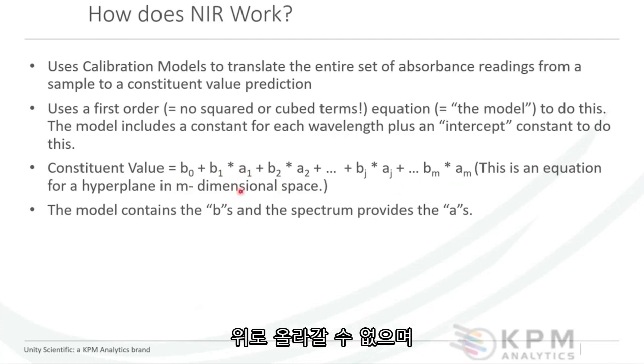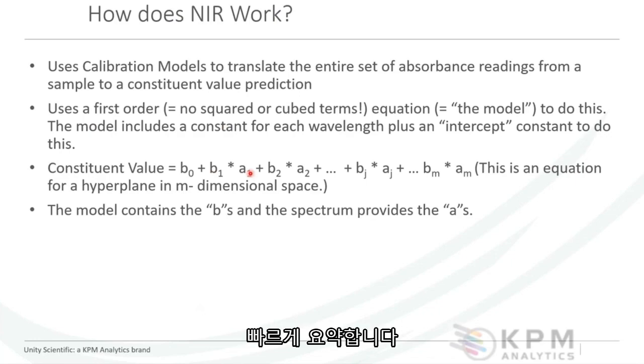We're going to be using a multidimensional space, but this is directly correlated to wavelengths. So, a linear equation from our spectrum. The model will calculate all of the B coefficients, the offset and the coefficients at each wavelength. The instrument provides the absorbances, the A's.